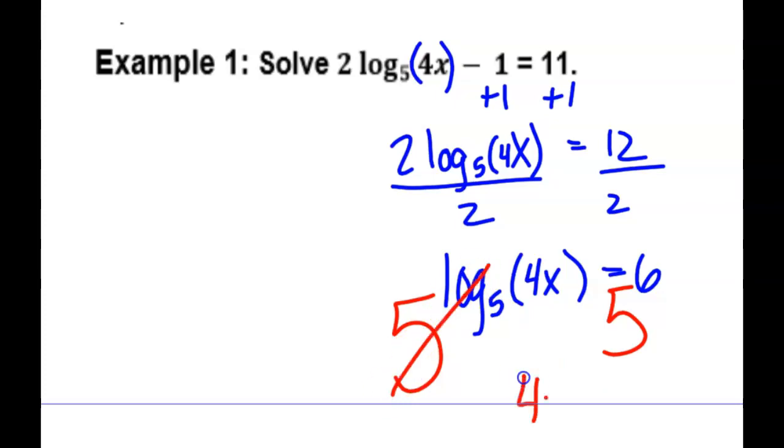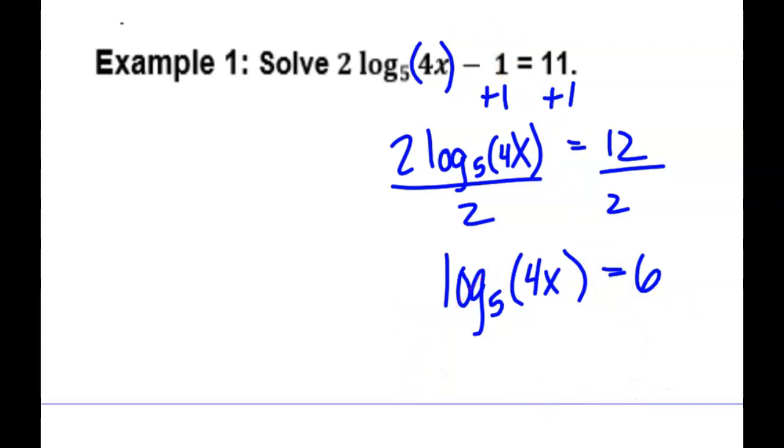So you end up with 4x equals 5 to the 6th. It's the same thing I would do, but I would say this blue sentence here meant 5 to the 6th equals 4x. Do you prefer to see the big fives? No? Okay. If that's the way you learned it last year and you want to do it that way, I'm okay with it.